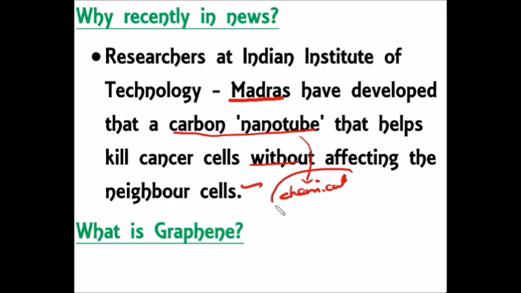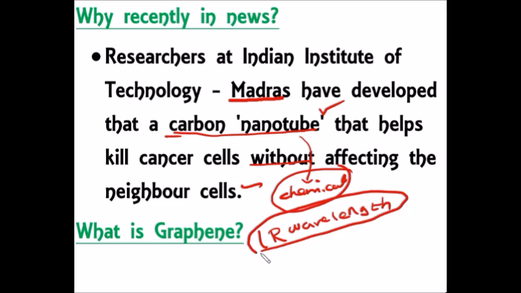IIT Madras researchers used a carbon nanotube material to absorb the particular wavelength, and they injected the carbon nanotube chemical into the body and used an infrared wavelength, and the carbon nanotube absorbed the infrared wavelength, got heated and destroyed the tumor cells. The carbon nanotubes are not absorbed by the normal cells, and normal cells will not be affected in this process.